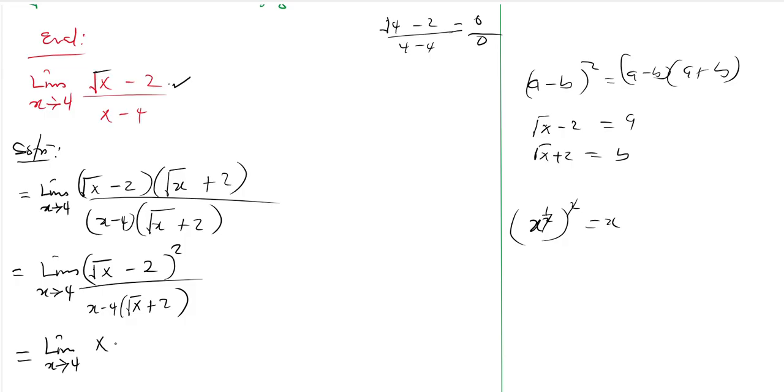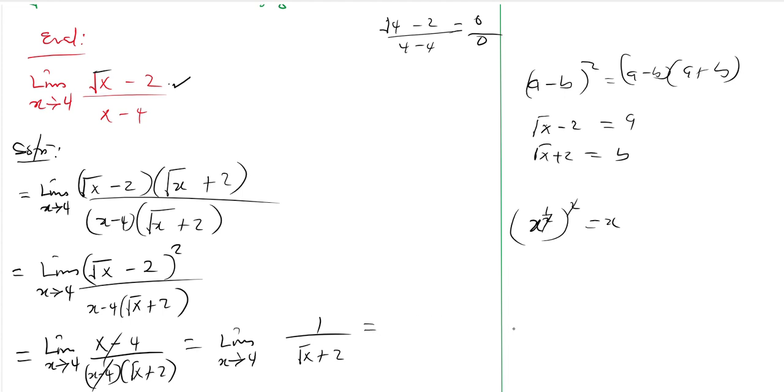So x minus 2 squared will give us 4, all over x minus 4 multiply root x plus 2. x minus 4 will cancel out x minus 4. So we will have the limit as x approaches 4 of 1 all over root x plus 2.